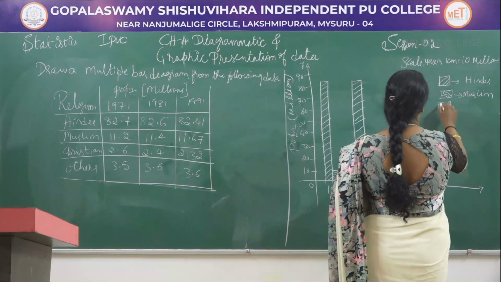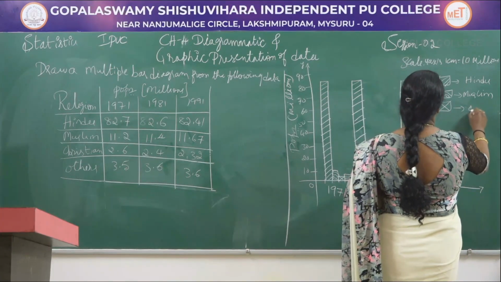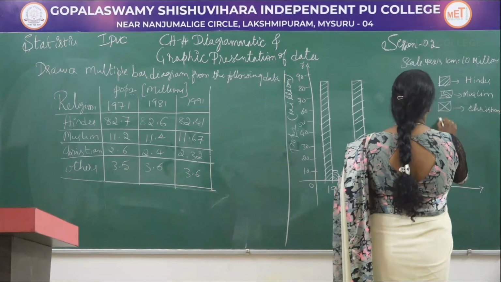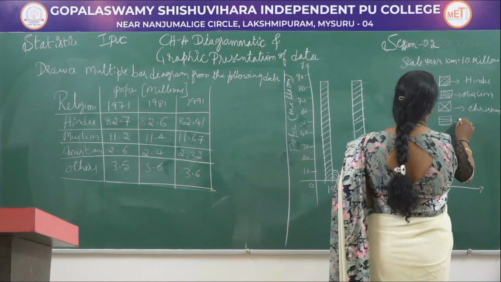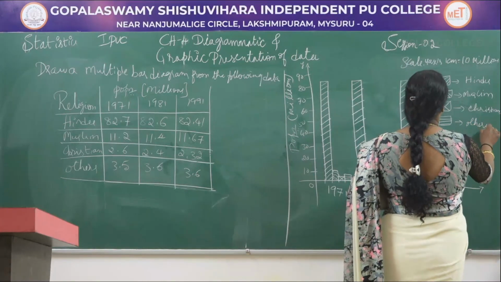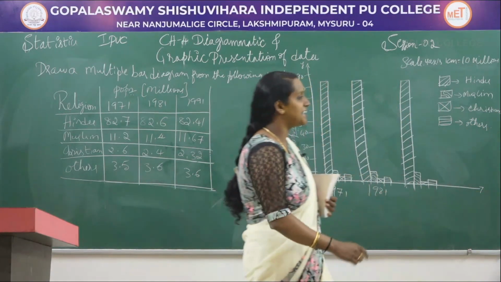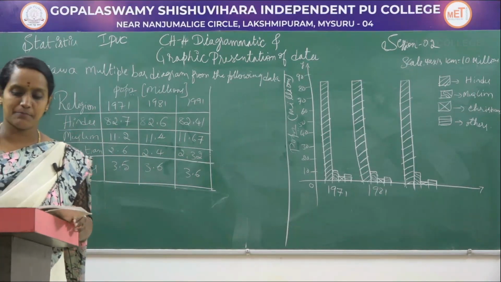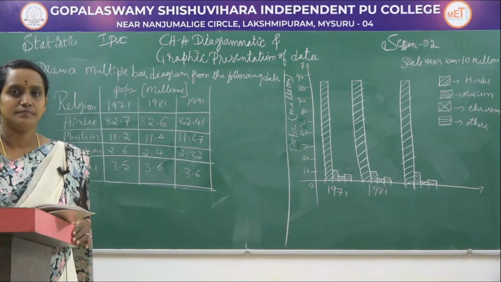Next one is Christian. And the last one is like this, this is others. This is all about the index and the scale for the given multiple bar diagram. Thank you.